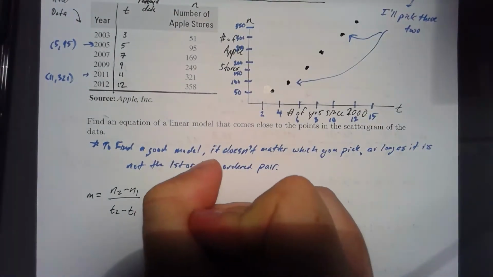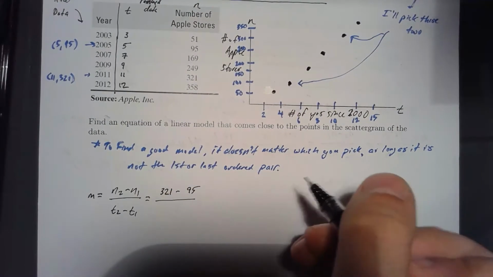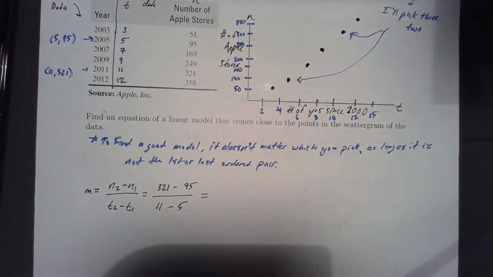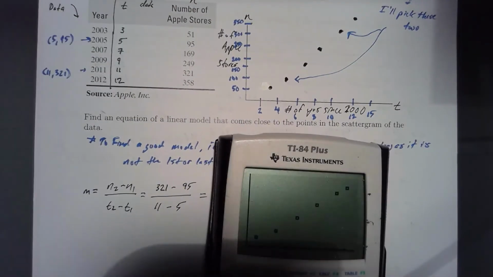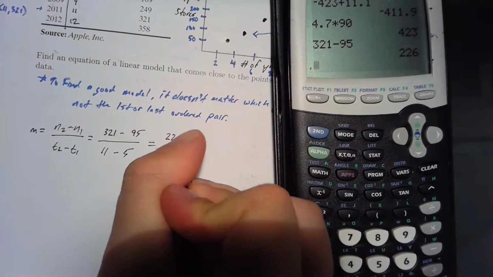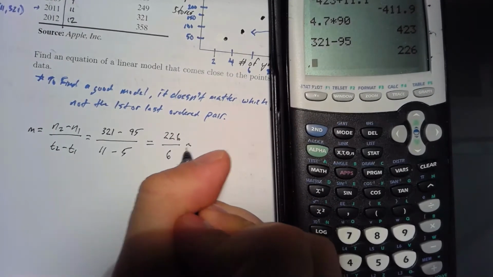So n2 is going to be 321 minus 95 all over 11 minus 5. So 321 minus 95 is 226. 11 minus 5 is 6.